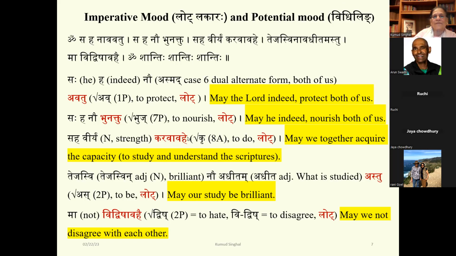That's why here you have vahe and here you have vahai, right? So that's what I was wondering. Yeah, so this is correct. I think in most of the texts I see it as vahai, not vahe. Is it vidvishavahai? No, this is correct. Karavavahai is fine. Atmanepada form. Yeah. Okay.